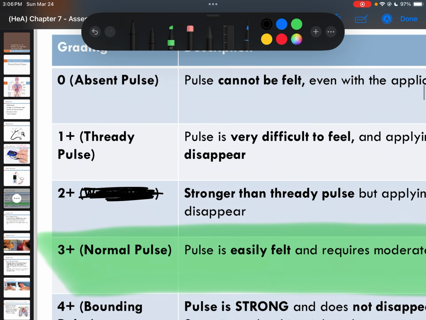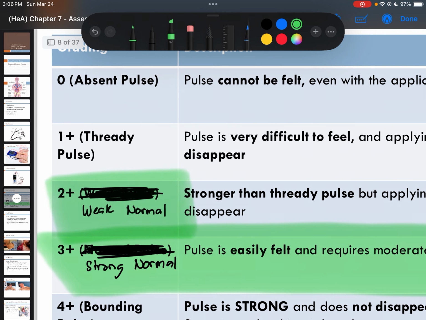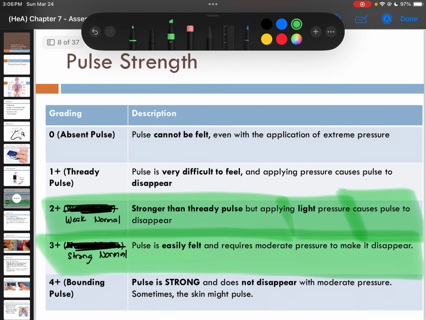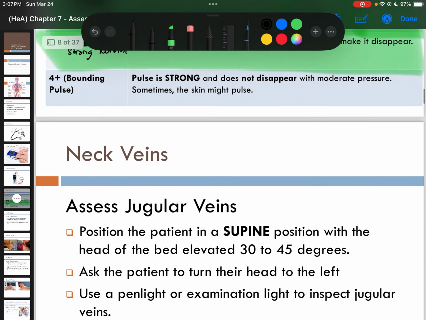Number 3 is also normal as well, but number 2 is weak normal, while number 3 is strong normal. Both of these are normal. That's the clarification.